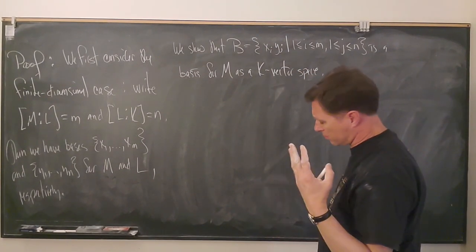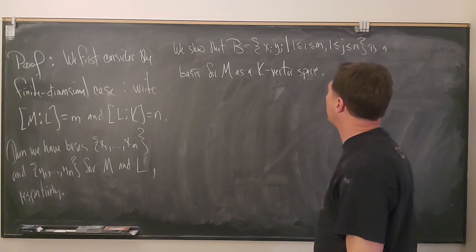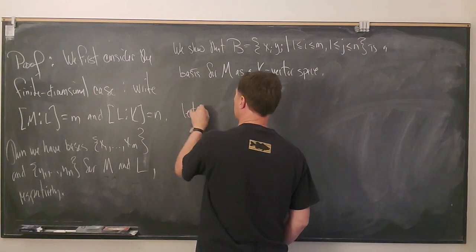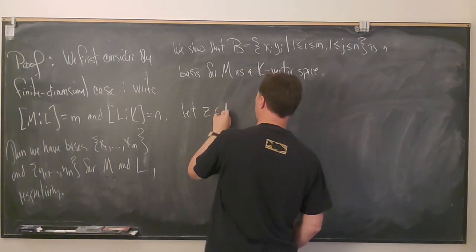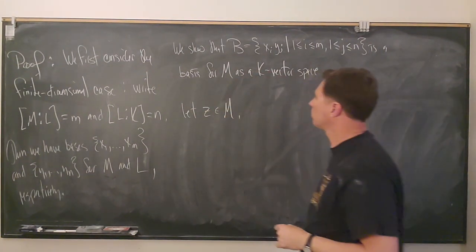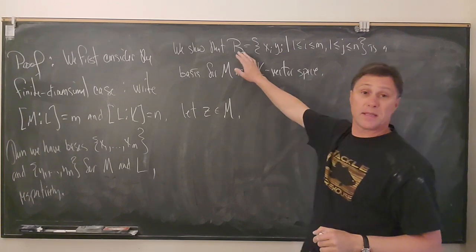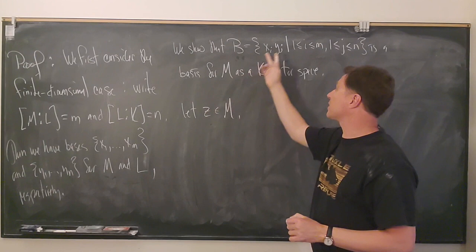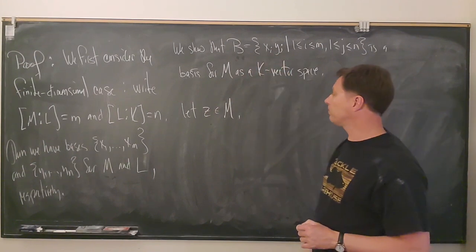And it's really just a matter of cranking it out. So let z be an element of M. What I'm going to do first is show that B is a spanning set. So I need to show that z can be expressed as a linear combination of these right here.